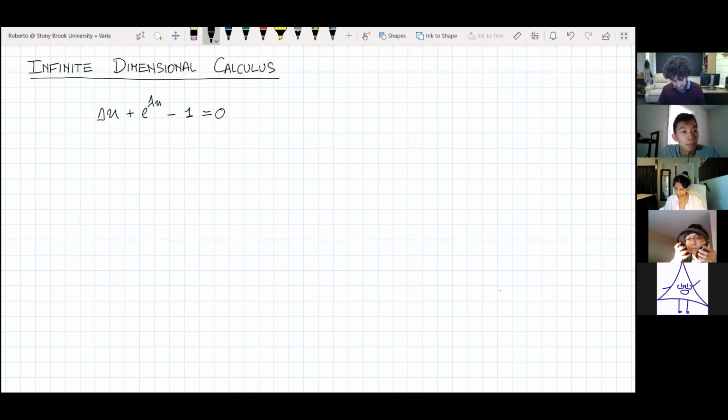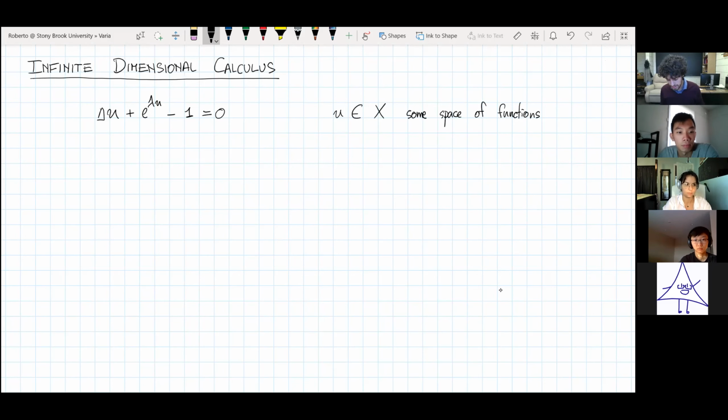So let's say that we have this equation, Laplacian of u plus e to the lambda u minus 1 equals 0, where u is in X, some space of functions. We will see later what the requirements on X are.